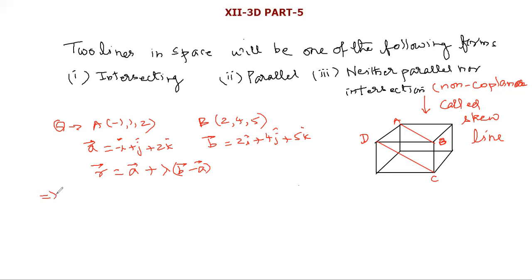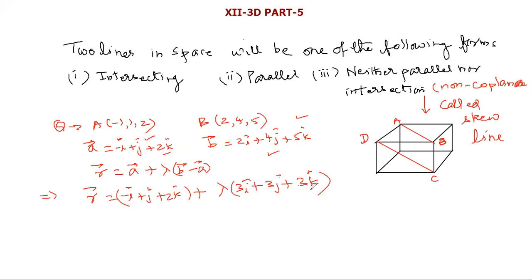So in vector form, r = -i + j + 2k + lambda(b - a). Subtracting b minus a: 2 minus -1 is 3i, 4 minus 1 is 3j, 5 minus 2 is 3k. So this is the vector form.